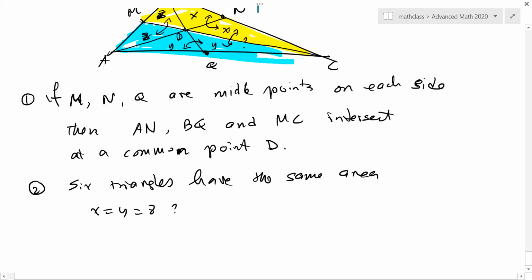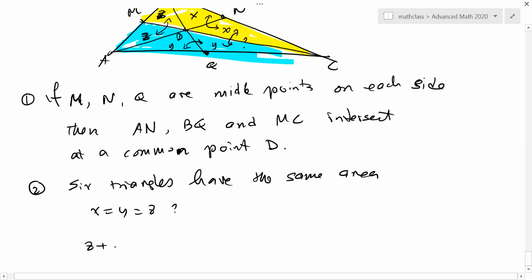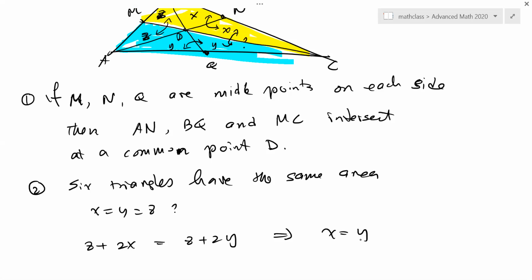So then you get Z plus 2X equal to Z plus 2Y, which implies X equals Y. Got it? Same idea. So that's why all these triangles have the same area.